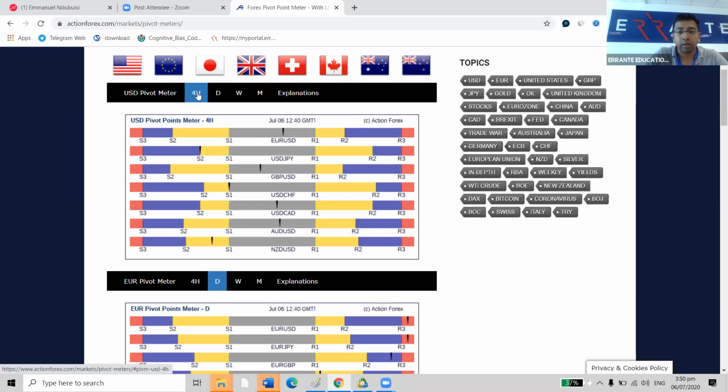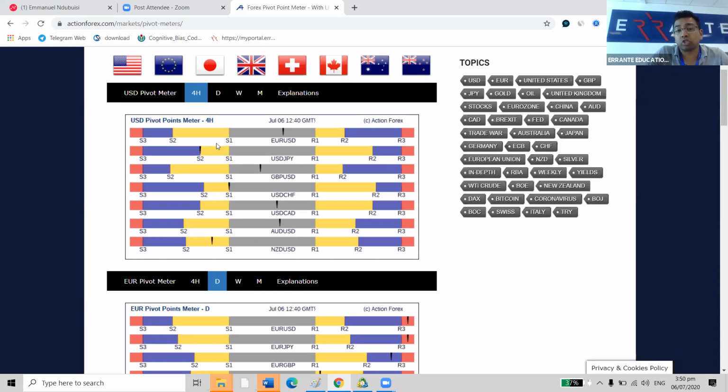But then what about USD JPY? You see, like USD JPY, because it has actually moved to the left, that means it has actually experienced bearishness, correct? So it has gone down, gone past support 1, now going towards support 2. It might actually bounce. We don't know that yet.